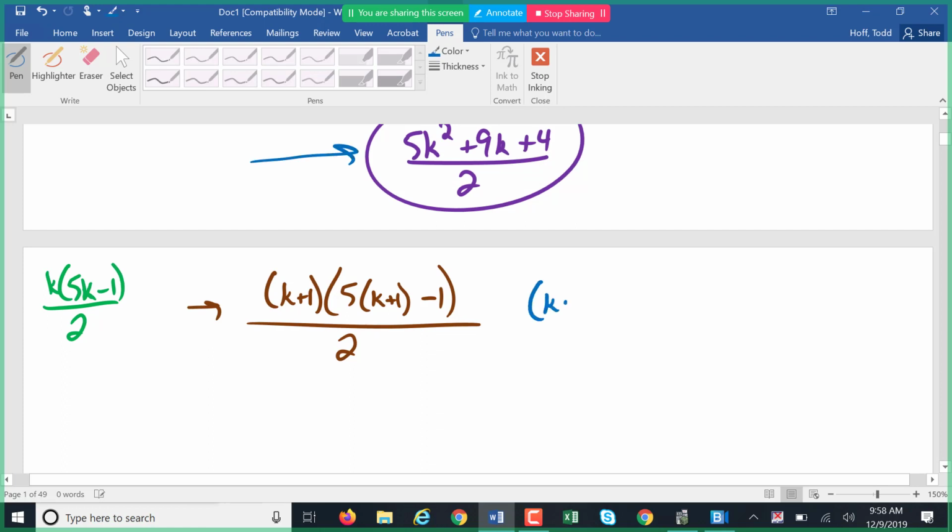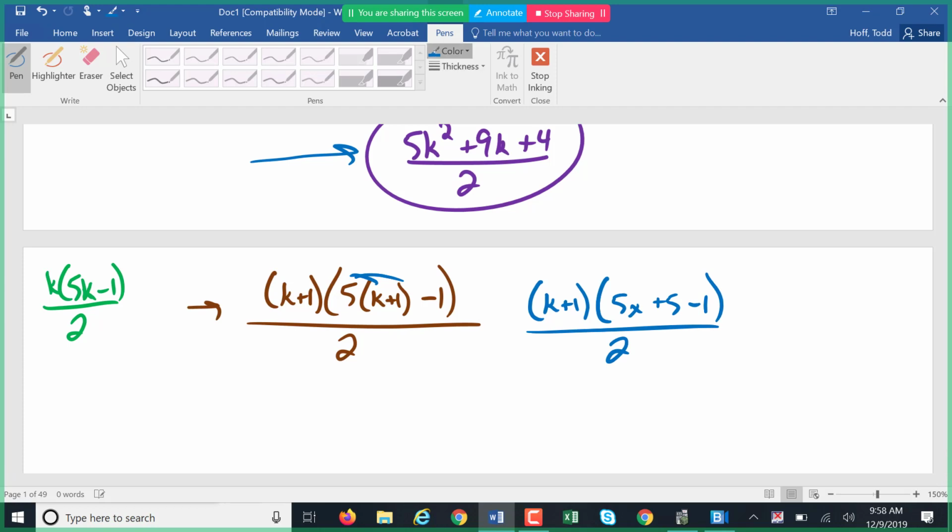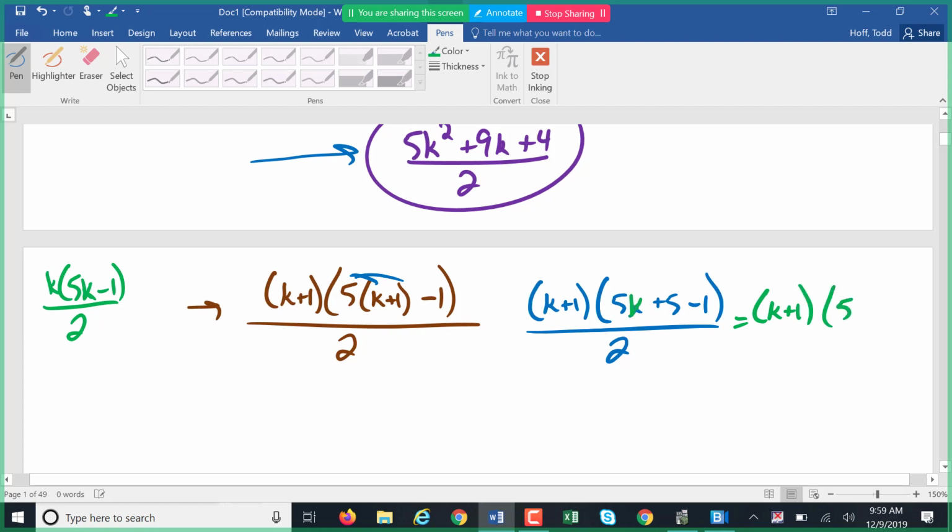So k plus 1, I'm going to distribute the 5 here, so that's 5k plus 5 minus a 1 still. So that's k plus 1 times 5k plus 4. We're going to combine the positive 5 and the negative 4. That's going to be over 2. And now let's multiply that out.